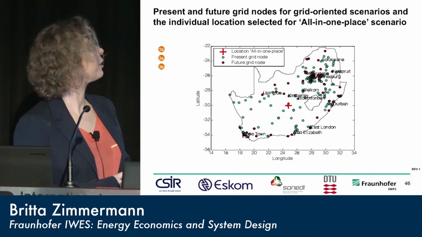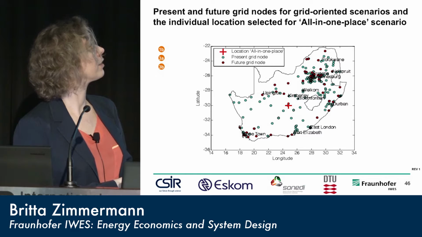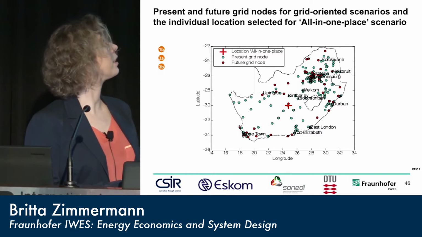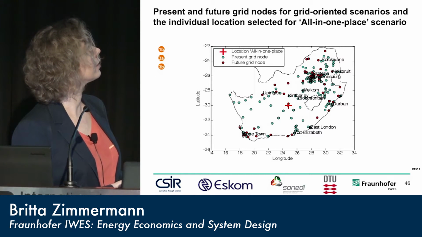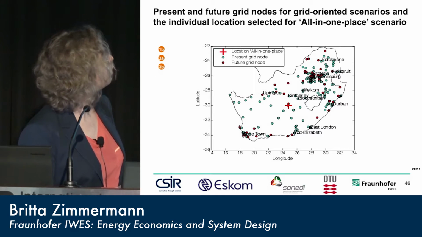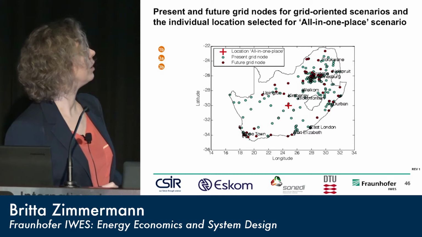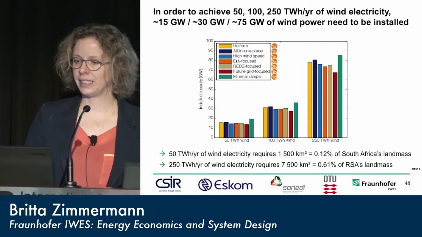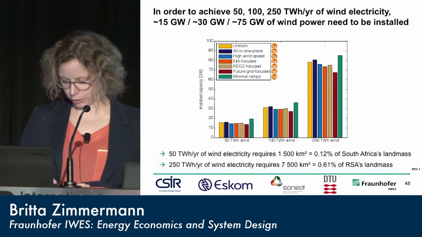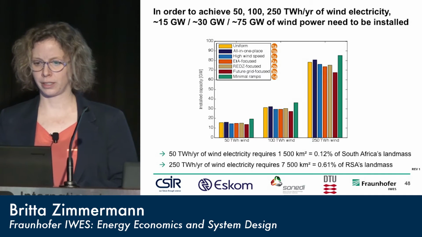And what you can see here as well are all these little dots. These are the grid nodes that I just talked about. The light blue ones being the current grid nodes, the existing ones, and the purple ones being the grid nodes planned for the future.